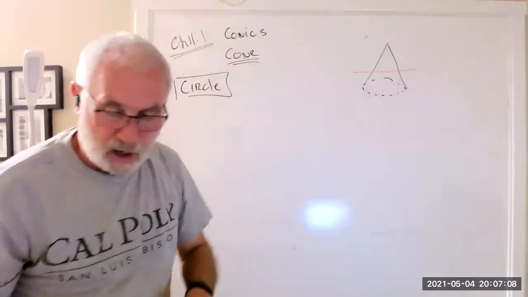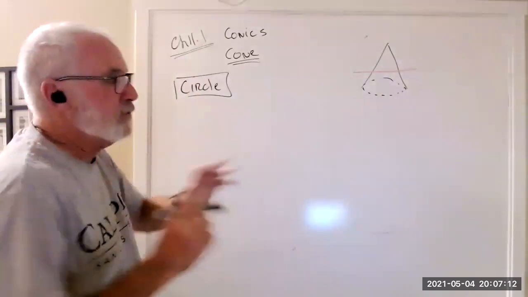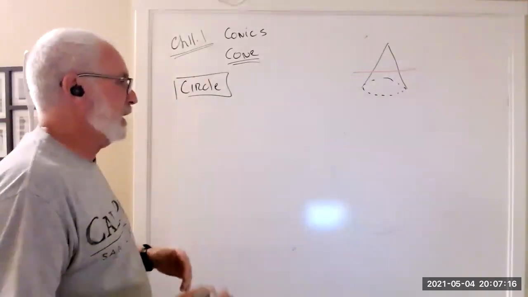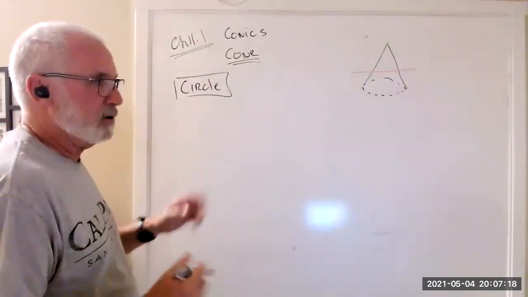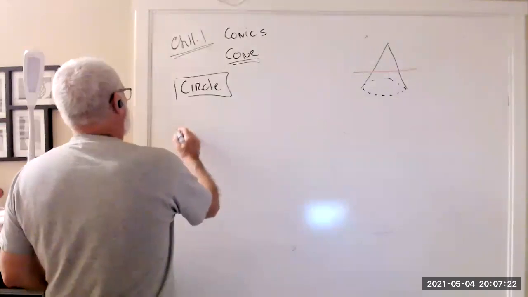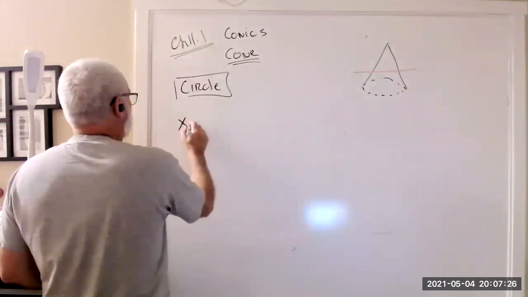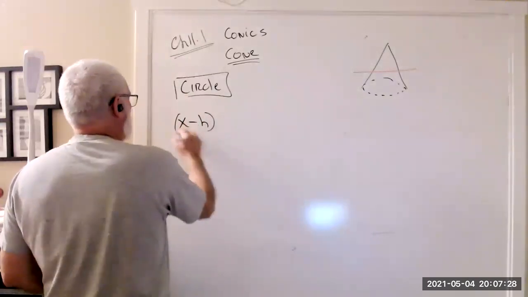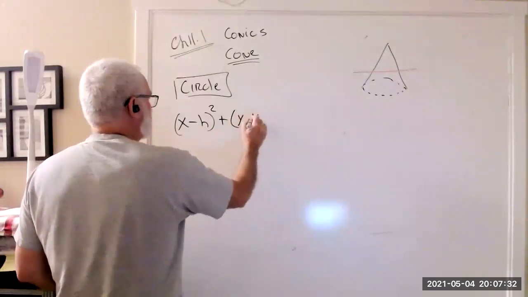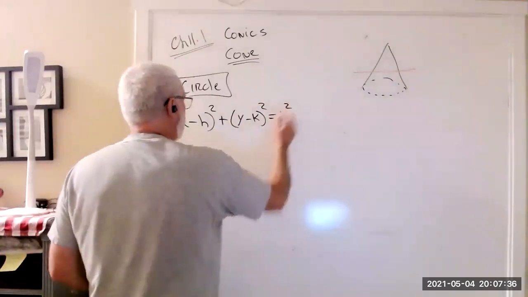Now, I'm going to give you the equation, the full-on equation, and we'll talk about it. And you're going to get really scared. Don't. Okay. It's x minus h quantity squared plus y minus k quantity squared equals r squared.